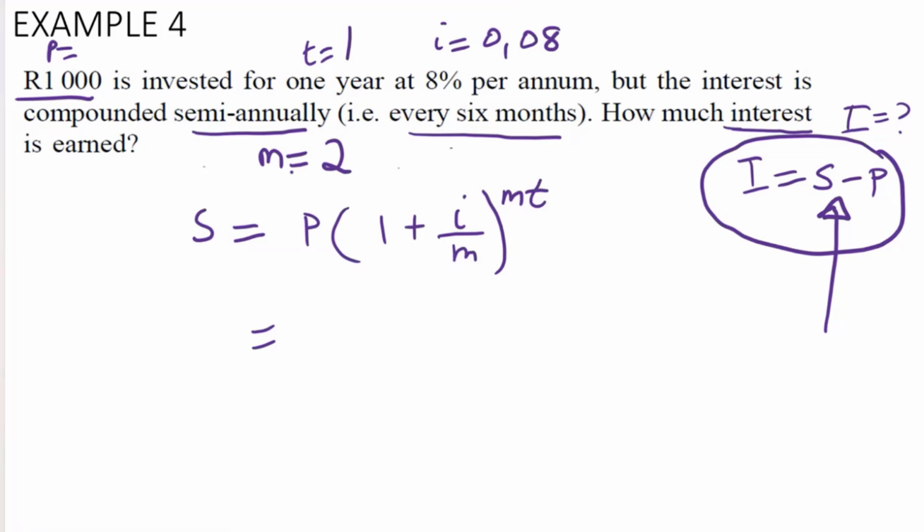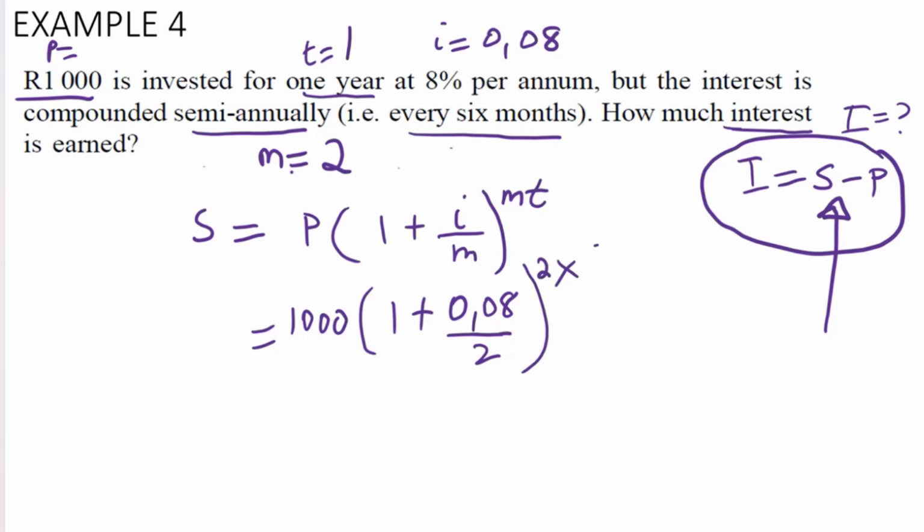So the P here is equal to 1,000 into 1 plus our interest rate, which is 0.08, over M, which is equal to 2, and then you've got 2 multiplied by your T, which is equal to 1.